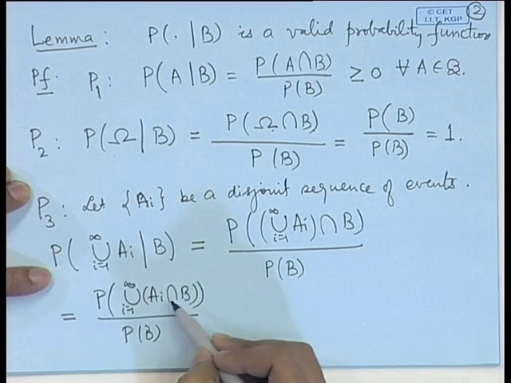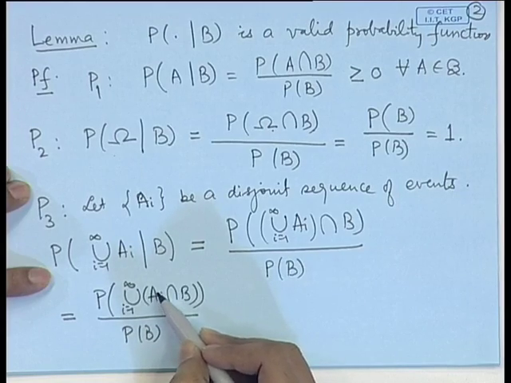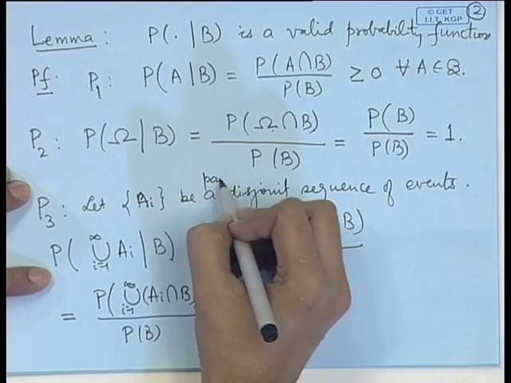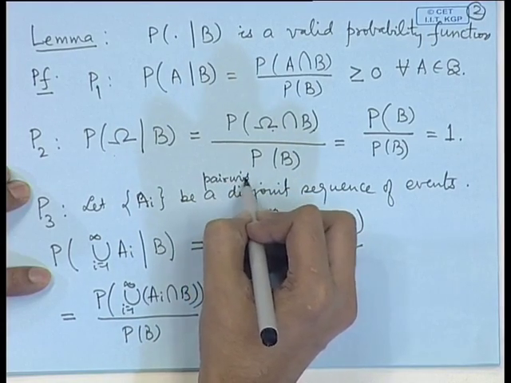Now, here note that the A_i's were disjoint, basically we can consider them to be pairwise disjoint.